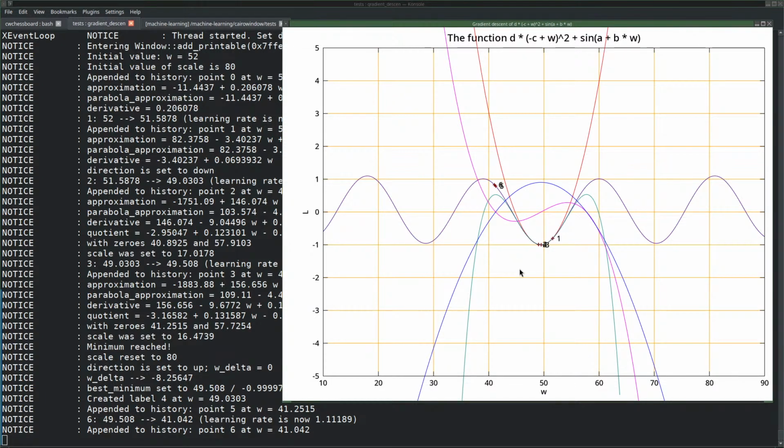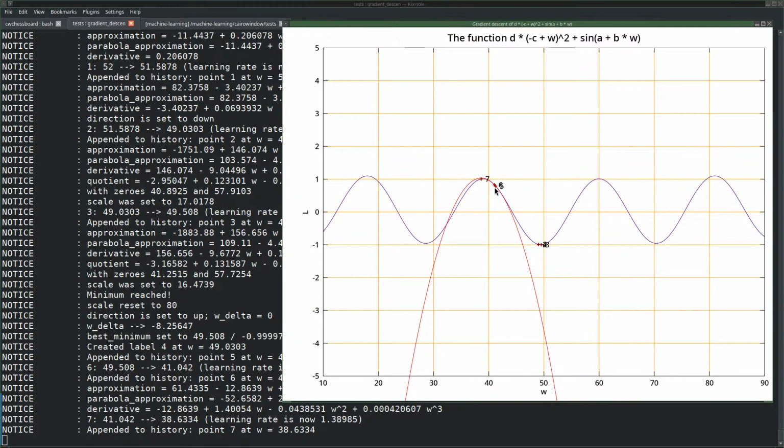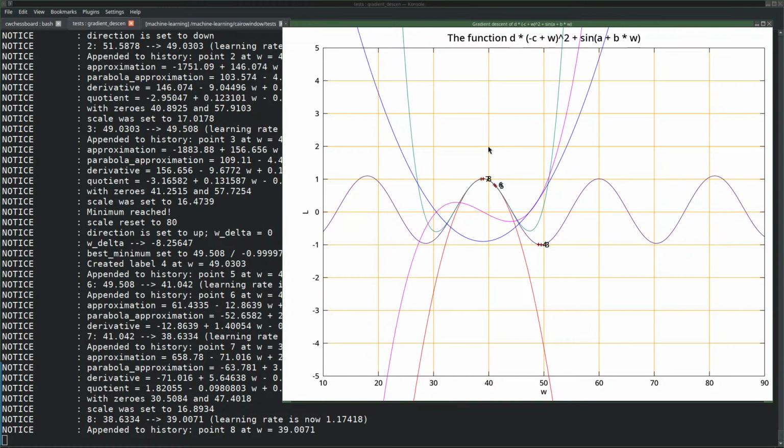So if now I press space, it's going to plot a parabola through 5 and 6, which then gives me 7. And the scale is supposed to still be small. So this time I expected to... No, I didn't. I think I reset the scale to the full width.